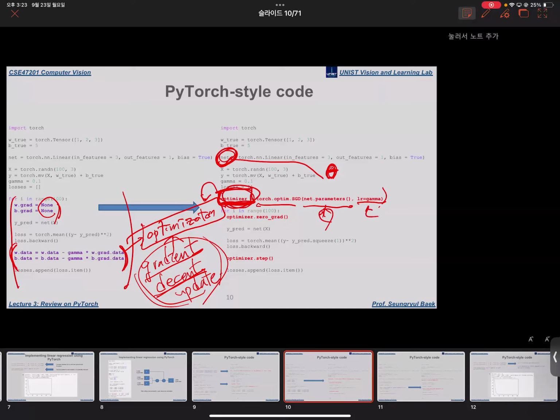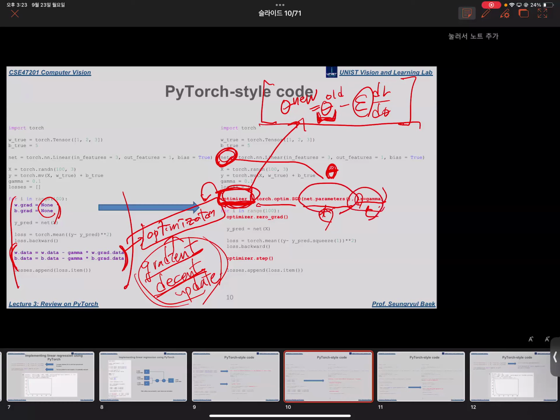And the second argument is the learning rate, which is the small epsilon value. So this also has to be specified for the optimizer. The optimizer will proceed with gradient descent, so it has to have the list of the parameter vectors, that's the first argument, and the second argument is the epsilon value.